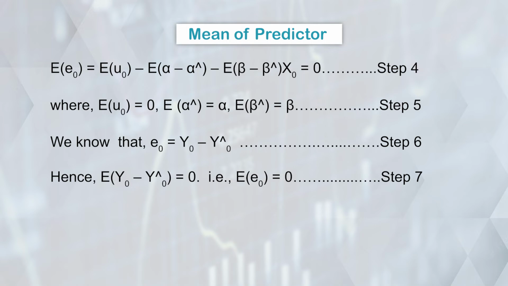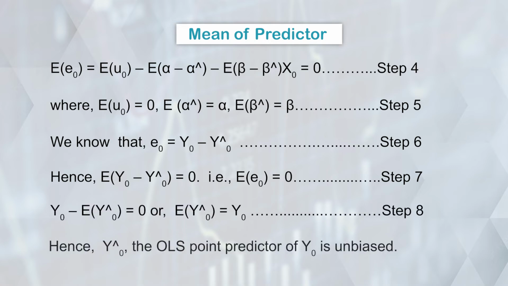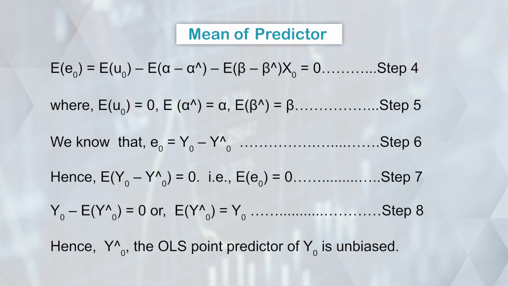Putting the expectation again, we go back to the final result of step number 7, where we observe that on average the expectation of E0 is 0. So by rearranging the terms, we can see y0 hat is the OLS point predictor of y0, and it is unbiased. That means y0 hat, which is being computed, is a point predictor of y0.